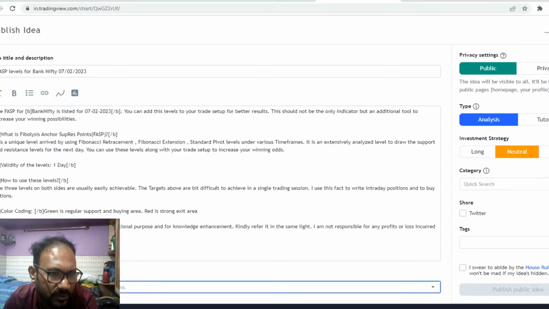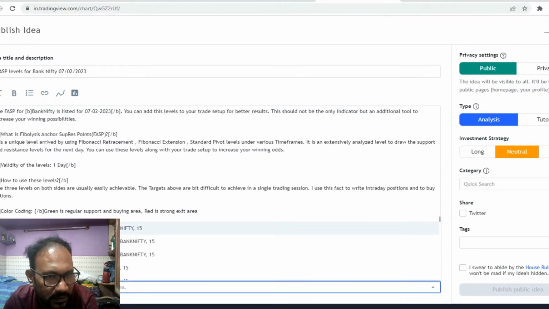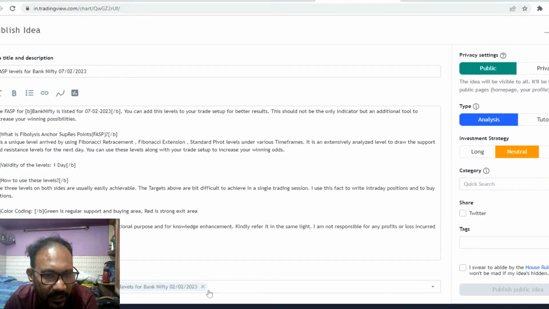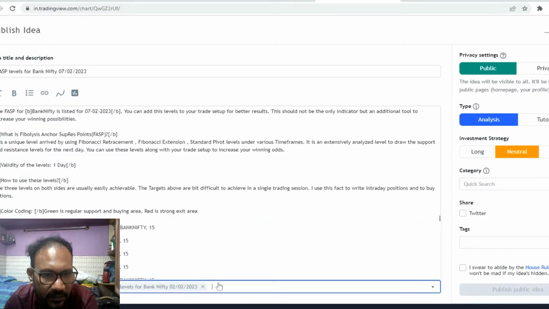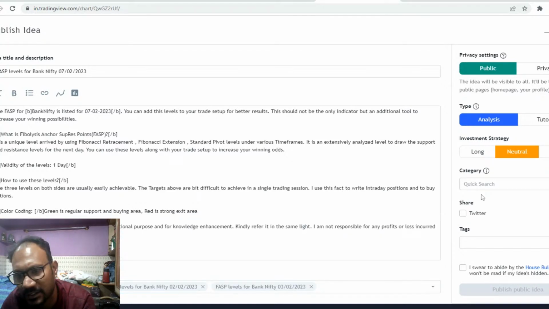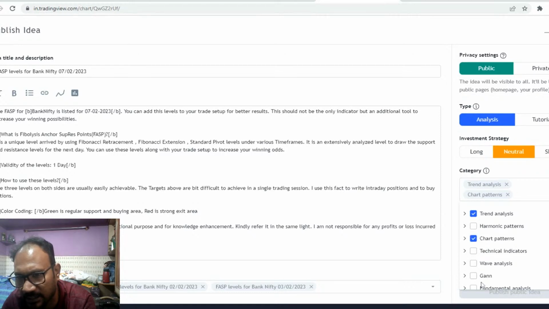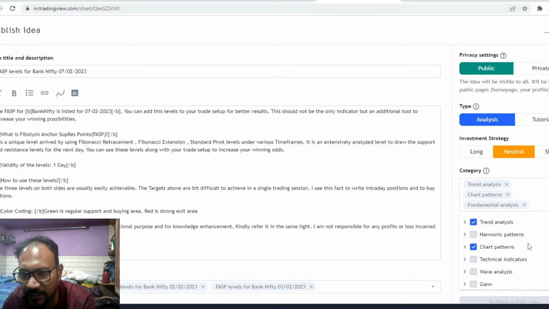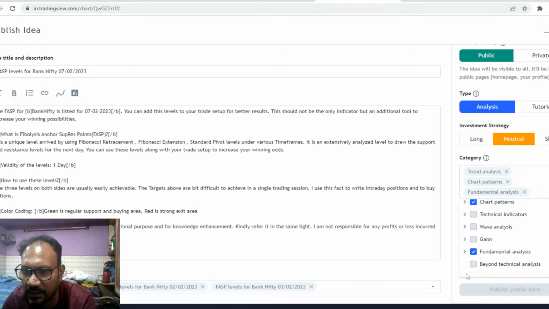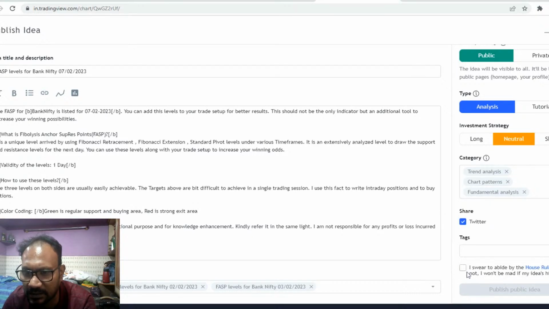Now let's go ahead and then post fast levels for Nifty, Bank Nifty, and another Bank Nifty. Yeah, this is good. Post it on Twitter. This is trend analysis, chart pattern, and yeah, all this looks good. Yeah, beyond candlesticks.